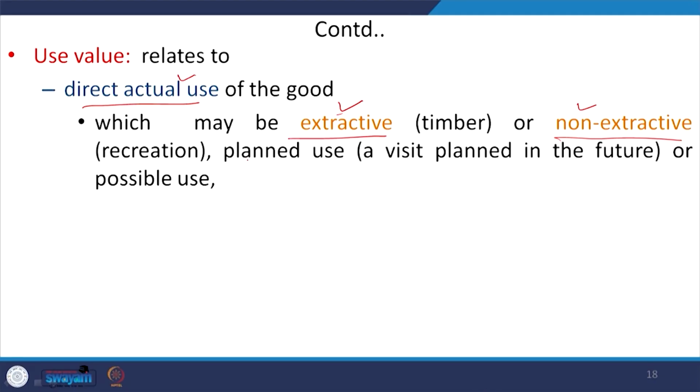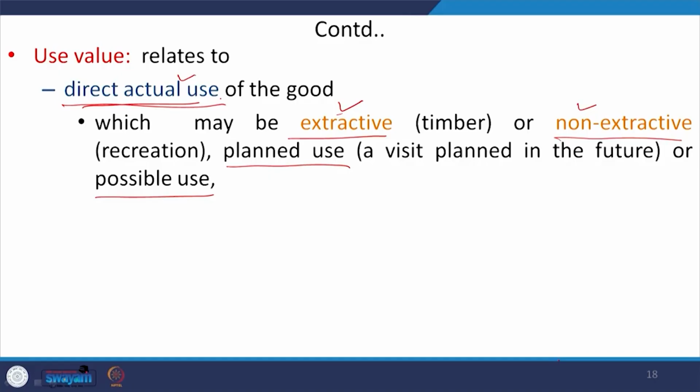And the second criterion is that this direct actual use of the environmental good can be planned. Although I am not using this particular good right now, I am planning to visit or use it after 2 days or 5 days or 5 years.